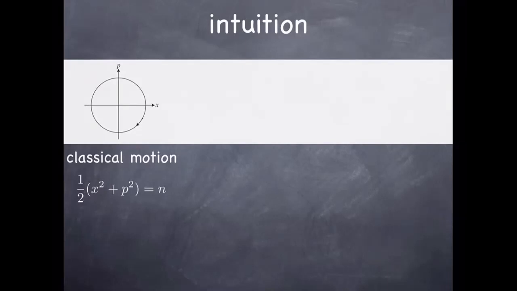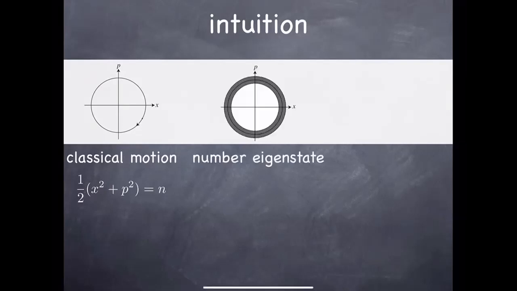So what that means is that the number eigenstate basically covers from n to n plus 1. So quantum mechanics makes everything fuzzy. We have the fixed energy, meaning that you want to fix the radius from the origin. That's the energy given by half of x squared plus p squared. But it's a little bit fuzzy. So the number eigenstate would correspond to something like this intuitively.